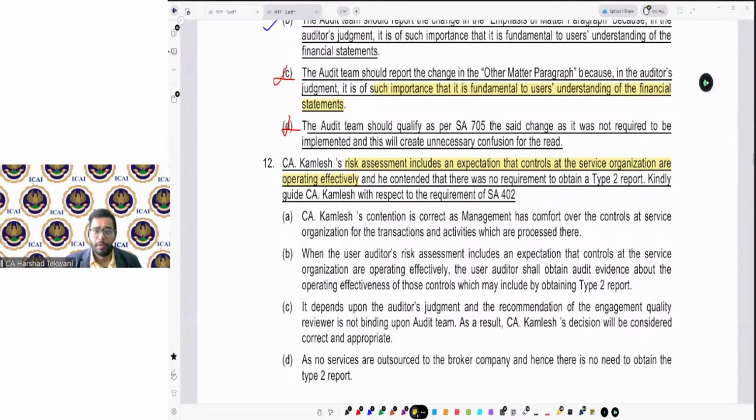Come on, guys, quickly. Let's say I don't want to obtain a type 2 report. Is it fine for me?